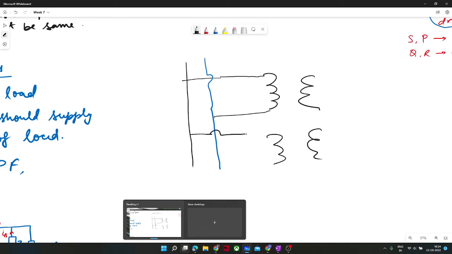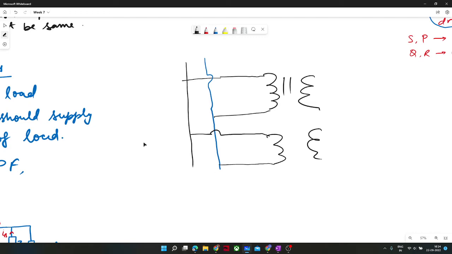What will happen if the voltage between the two transformers is different? Any guess? Circulating current. Yeah, fine, perfect. Circulating current will flow among the transformers.